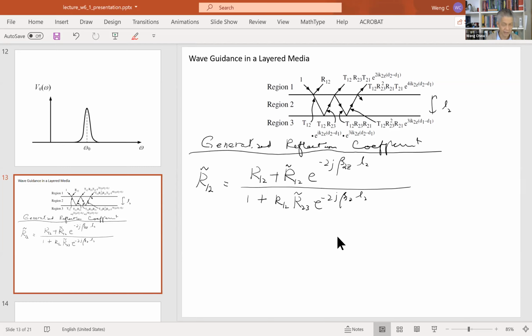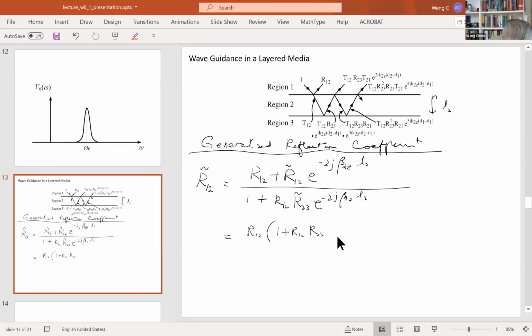And you can actually extract very interesting physics out of this reflection coefficient. I can do that by rewriting this using a trick. Okay, R12, and then maybe 1 plus R12 R23.